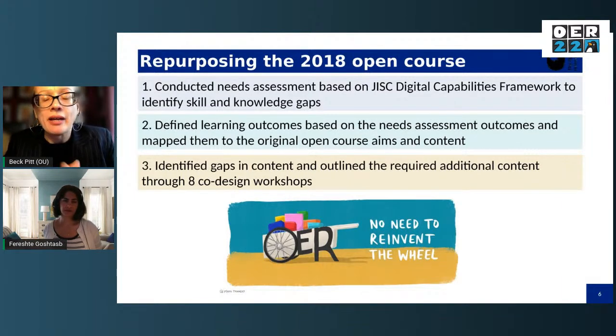And then we spent time with colleagues at the 8 universities that we were working with to introduce the program that we'd started to design, and have discussions around capacity building projects. Fareshti mentioned these projects.